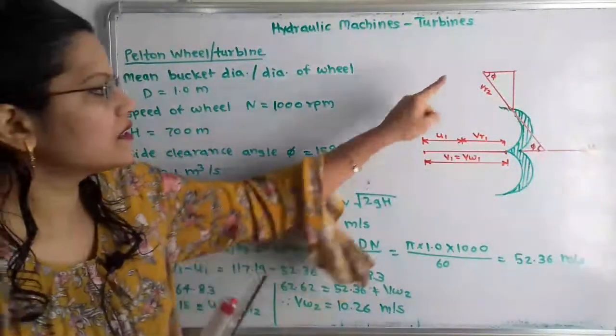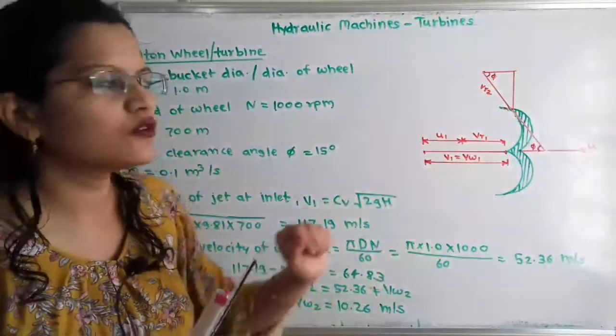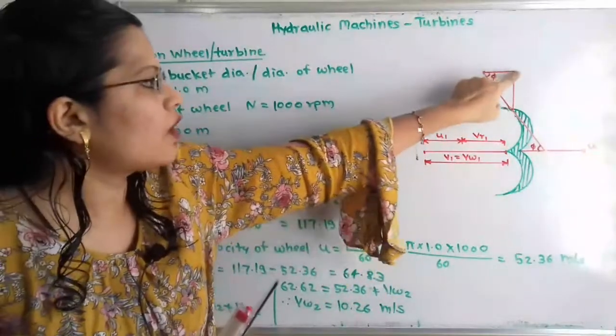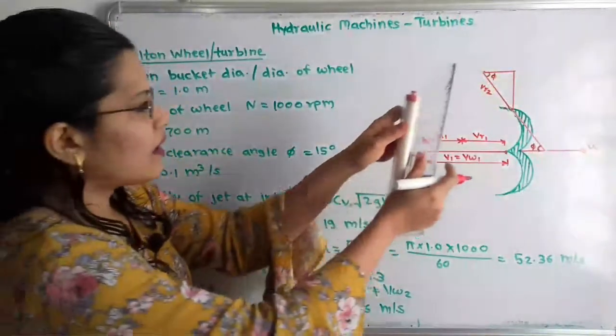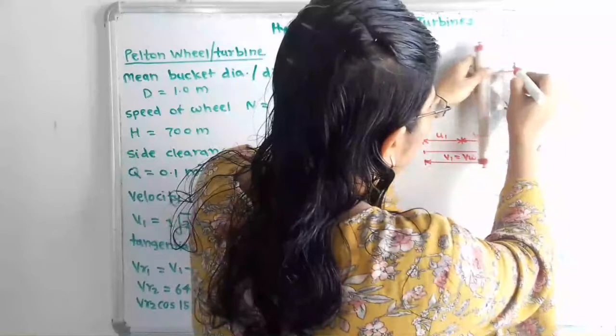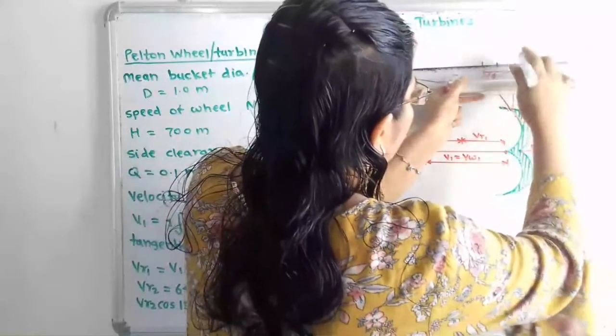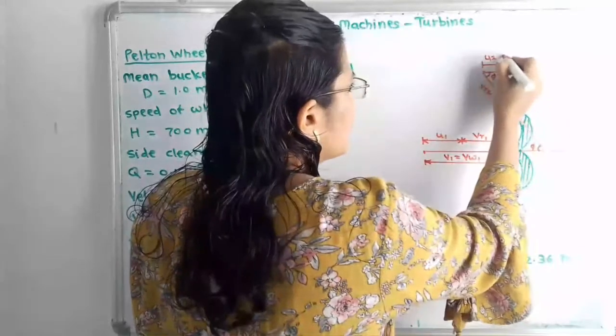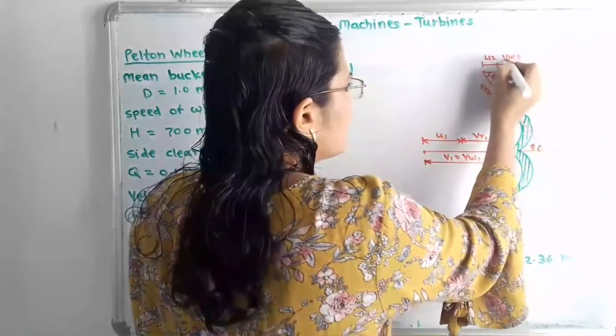So from this triangle what we come to know, here is angle phi, that is known, Vr2 is also known. So how to find out here? So if I show this line, so what is the value of this line? Then I will show here. So here is u2 and here is vw2.